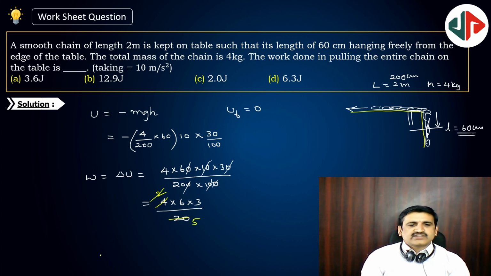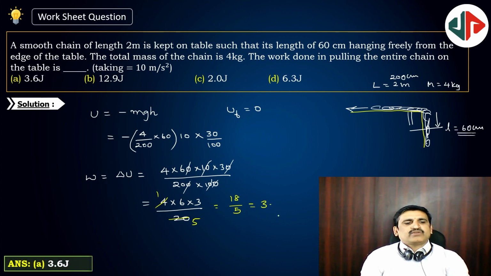So this 2 also gets cancelled. 18 by 5. That means 3 point something should come. Yeah, 3.6 joules. Yes. Okay. Next.